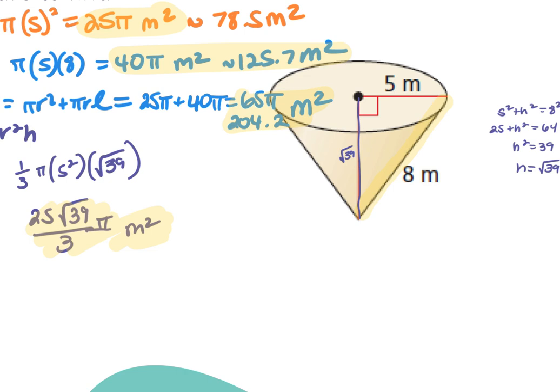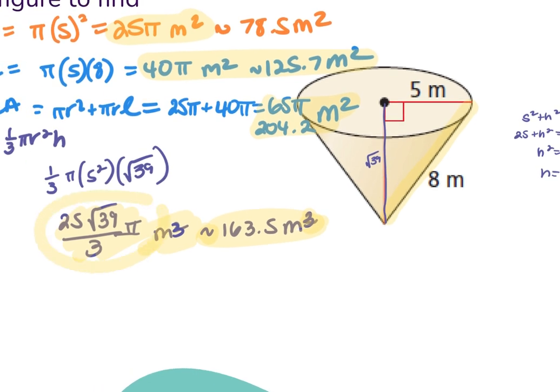Times pi divided by 3. 163.5. Oh, and this time it's cubed, not squared, because it's volume. So it is exact. It's not exact if you round it. This would be exact.